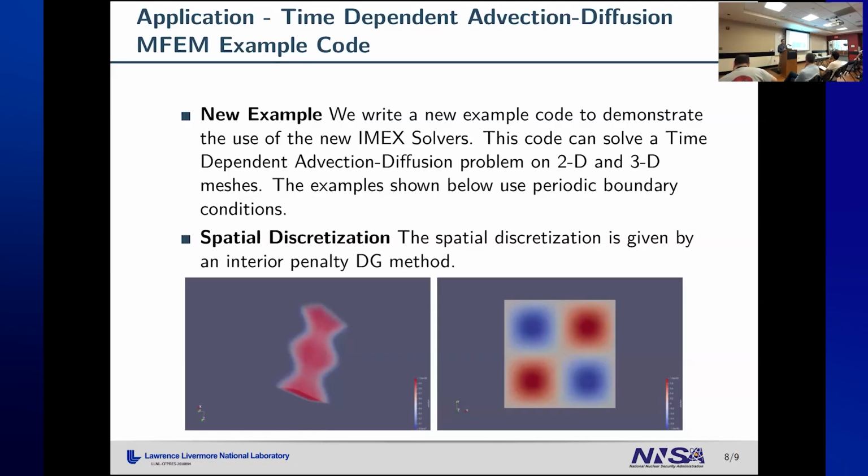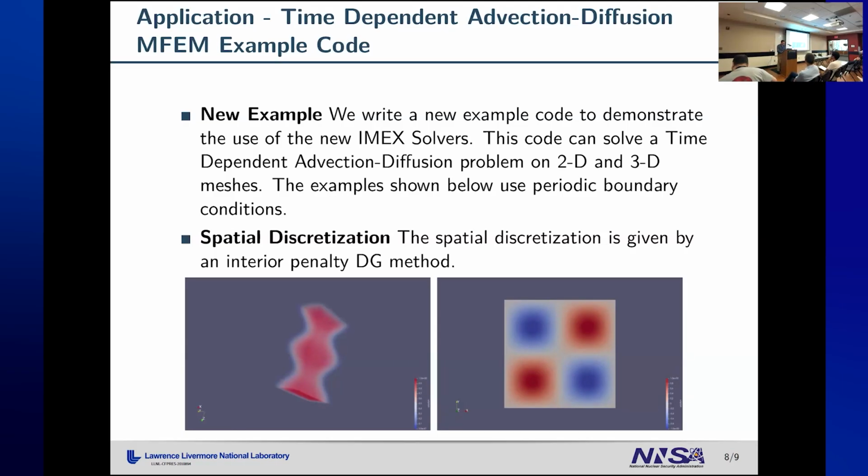Currently there is a DG advection example code, but not a DG advection diffusion in a time-dependent sense. So this is a new contribution, and it's a PR. If you want to recreate these results, play around with it, or give me some feedback, please do look at the PR.